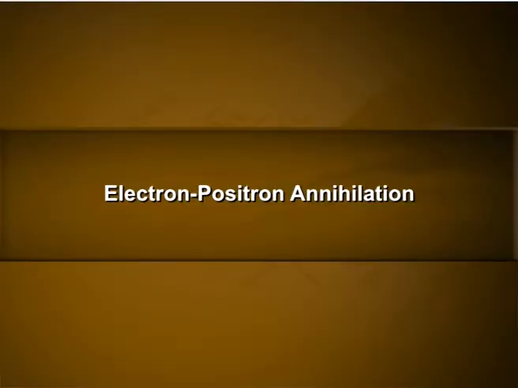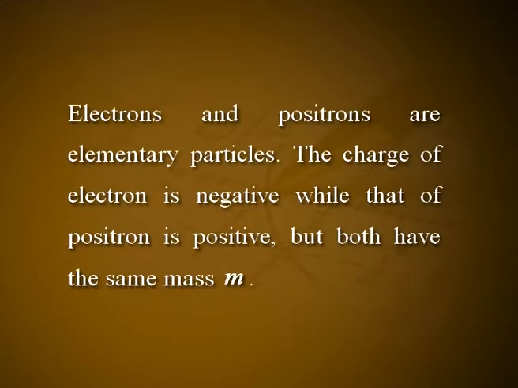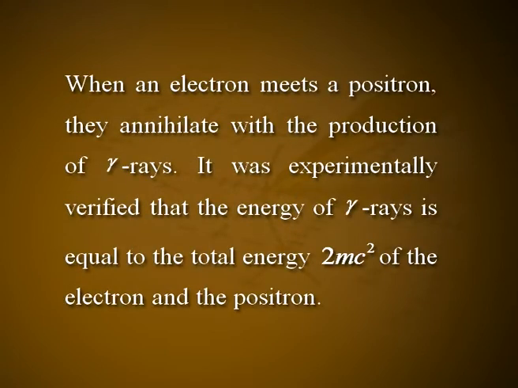Electron-positron annihilation. Electrons and positrons are elementary particles. The charge of the electron is negative while that of the positron is positive, but both have the same mass m. When an electron meets a positron, they annihilate with the production of gamma rays.